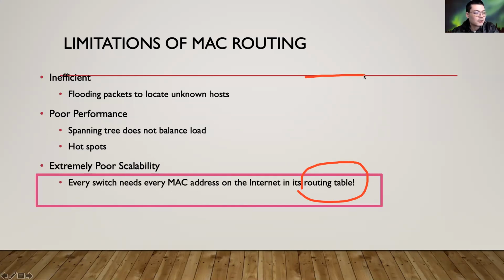Let's say you have 1 billion computers connected to your subnetwork, you need 1 billion entries, each with its MAC address and port number. That's too big for the hardware.